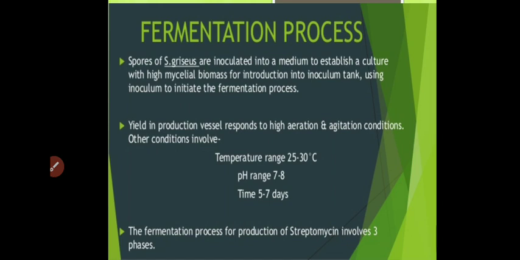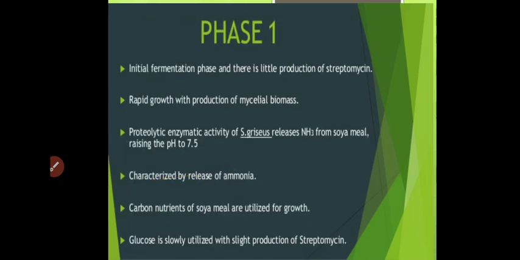Basically, the fermentation process for the production of streptomycin is completed in 3 phases. So let's study all these 3 phases in detail. In phase 1, the actual production of streptomycin does not take place.